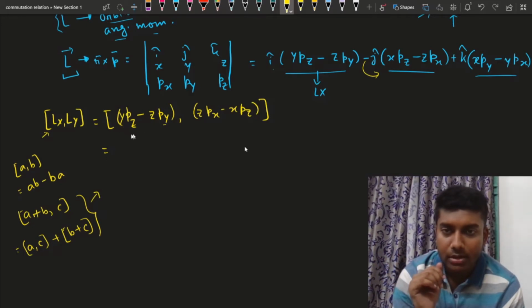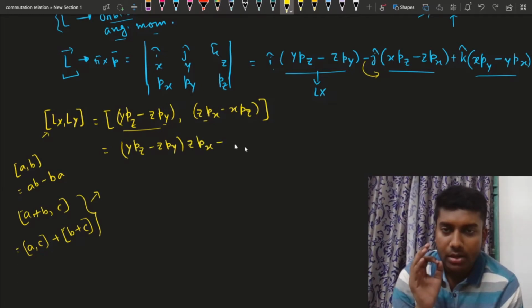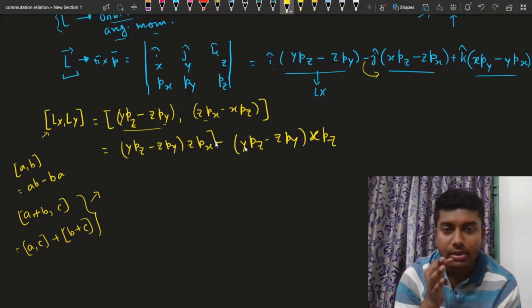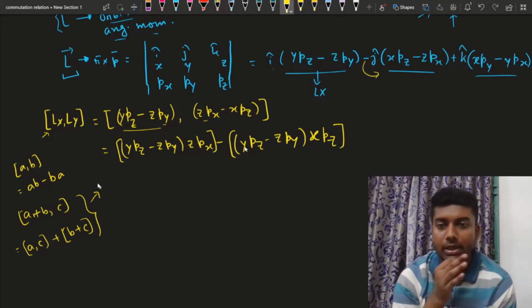So this total thing into this means Y Pz minus Z Py, comma, Z Px minus X Pz. Here is the commutation bracket.